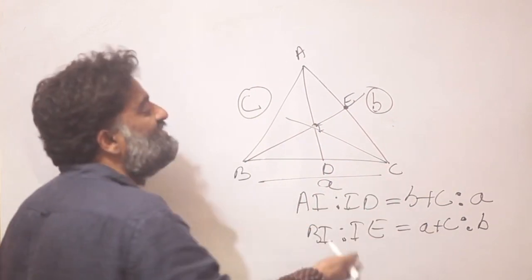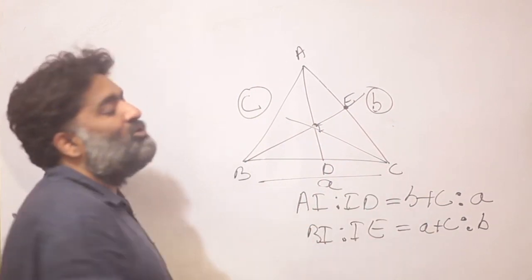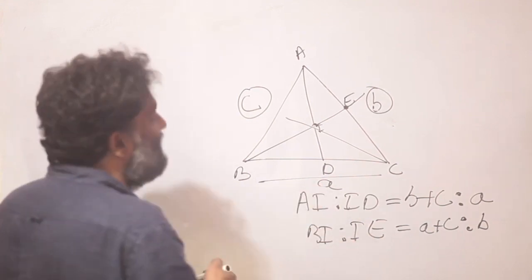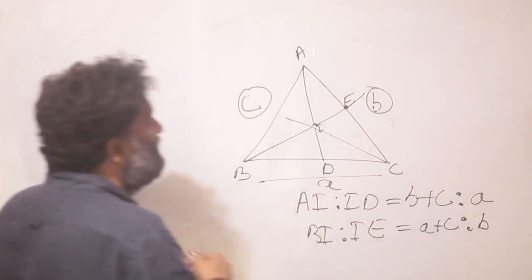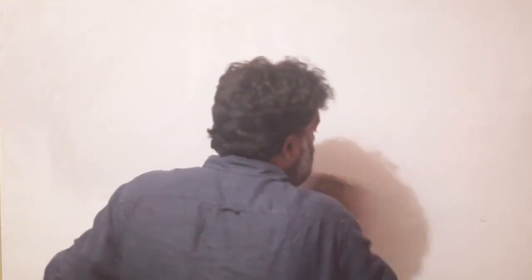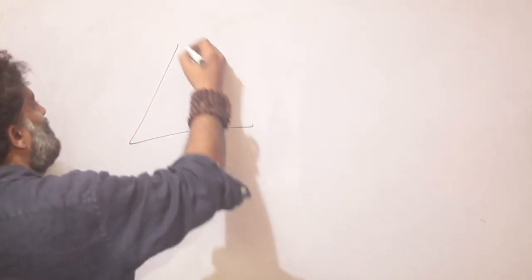But before we use this in problem solving, first of all, I want to know why and prove how this is working, because otherwise my understanding is not going to be 100% complete and solid. So let's do the process again. Draw a triangle.